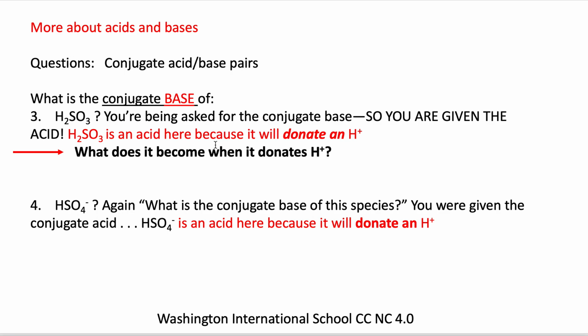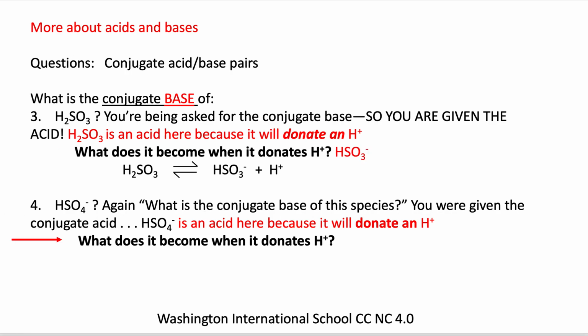An acid is a proton donor, and what will it become when the H2SO3 donates a proton? Pause while you write the answer to that one. So it's giving up a proton. It becomes the hydrogen sulfite ion, HSO3-. And look at the equation with number 3 there.